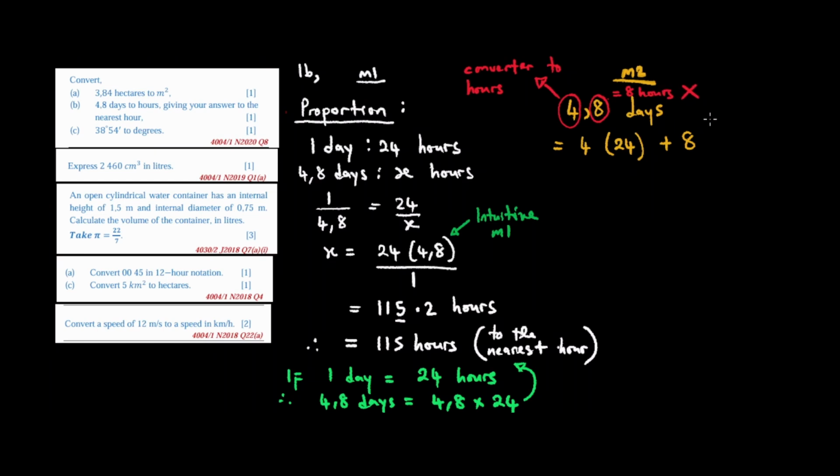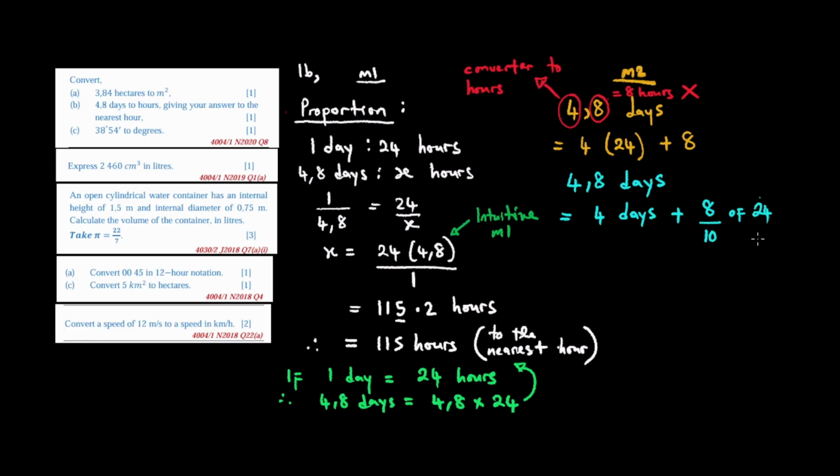So if you think 8 is equivalent to 8 hours, you are treating 4,8 days as if it is base 10, or simplifying it as if it's an ordinary number. It's not an ordinary number. So if you want to use this method, what you have to do rather is this. 4,8 days is equal to 4 days plus 8/10 of a day, or of 24 hours.